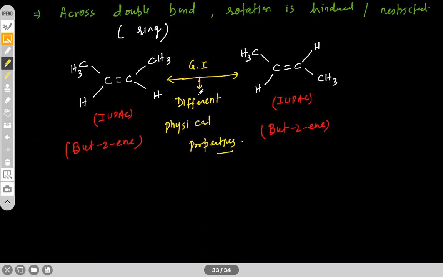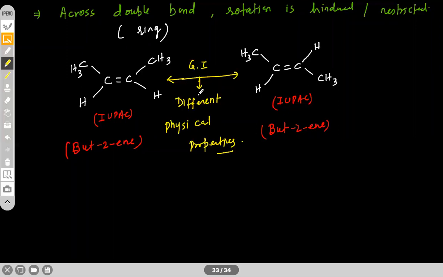So here what happens, in case of geometrical isomers, you see the two different compounds which have different physical properties have the same IUPAC name. So the whole purpose of IUPAC is defeated over here, correct? Because we have two different compounds with the same name.